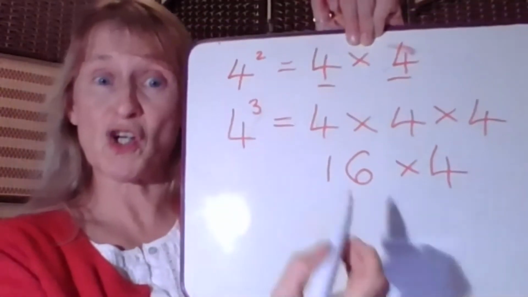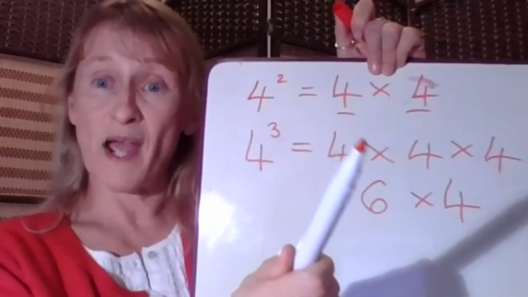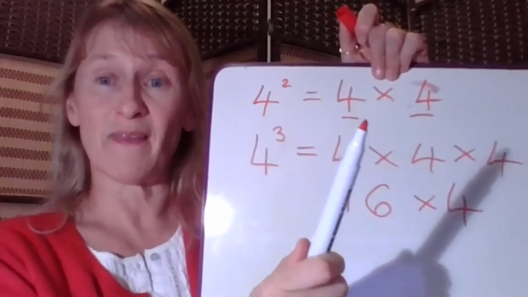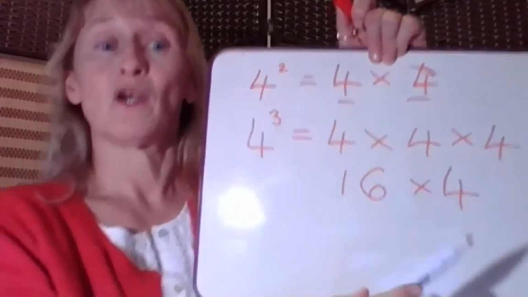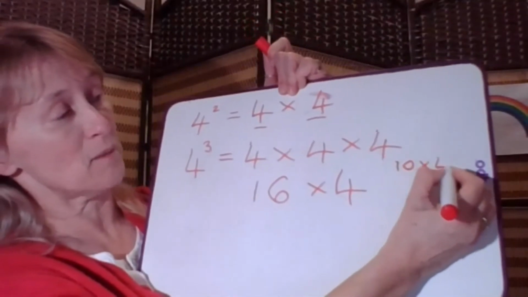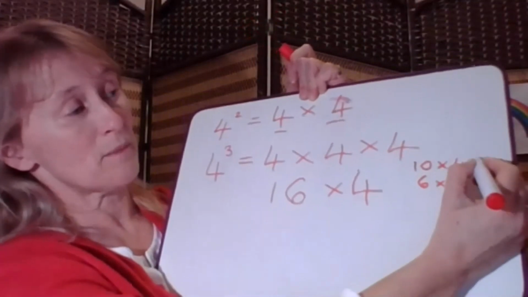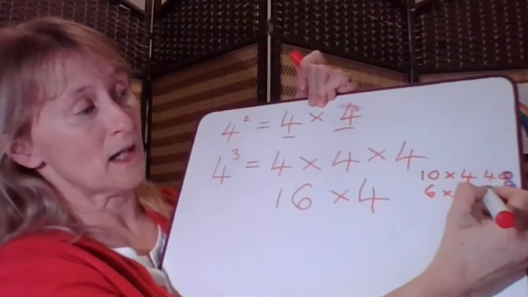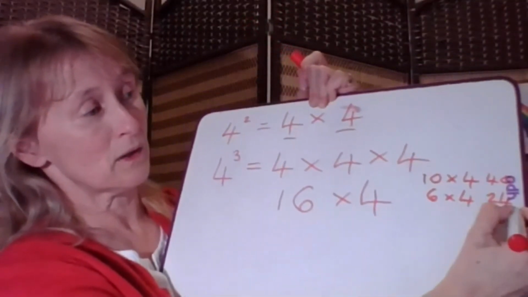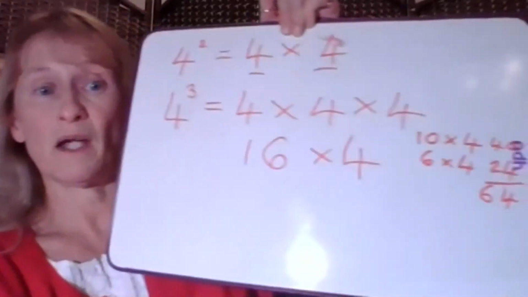And if you're not sure what 16 times 4 is, then don't worry about that. We did multiplication like that before half term. So you can just split that up very quickly into 10 times 4 and 6 times 4 to make 40 and 24. 40 and 24 are 64, okay?